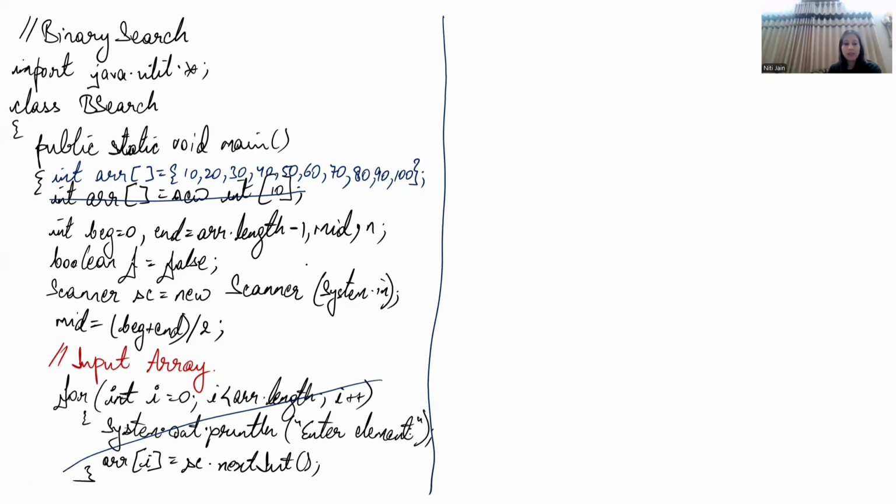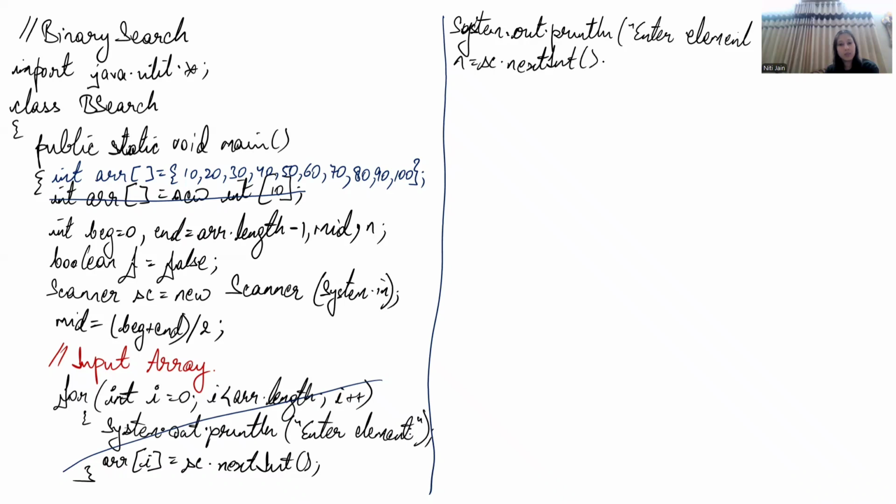That will be in N. So I write System.out.println("Enter element to be searched"), and N is equal to sc.next. Now I have the array and I have the element to be searched.